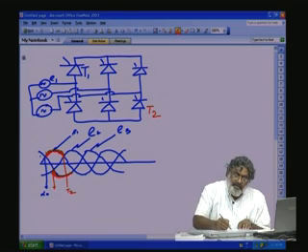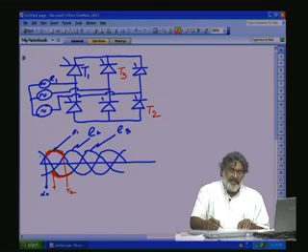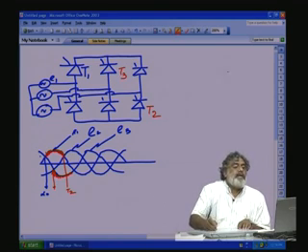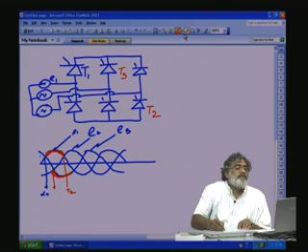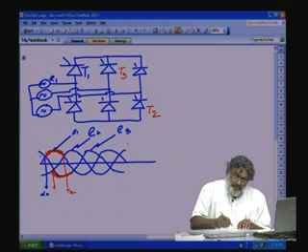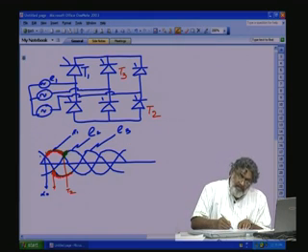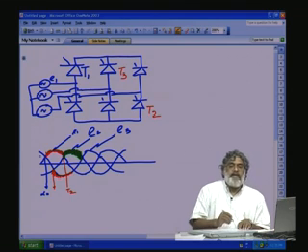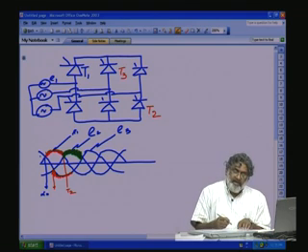So, T3 conduction period is from here. We can mark it now with a different color, that will give clarity. So, let us take green. This is the conduction duration for T3.